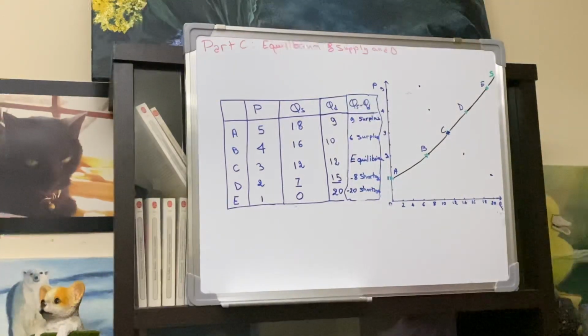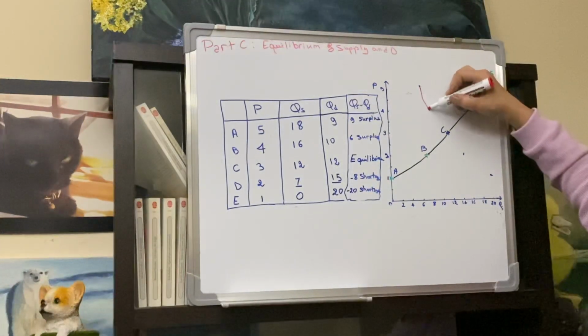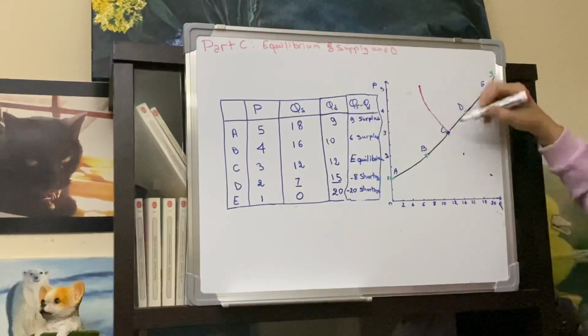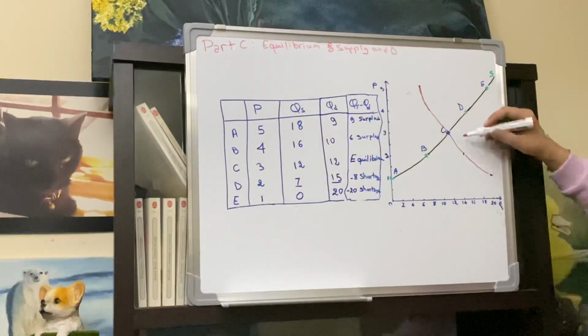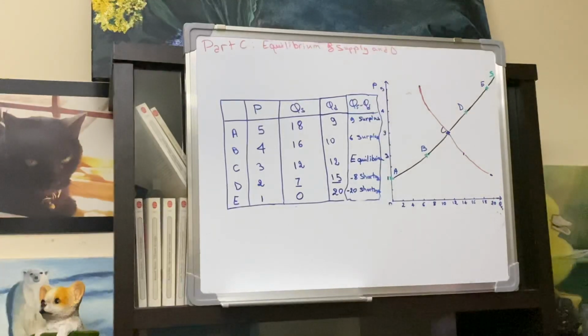I'm going to put it in another color. I'm going to use red. Well, oops. Yeah, it's not perfect. I did what I could. So where is my equilibrium?